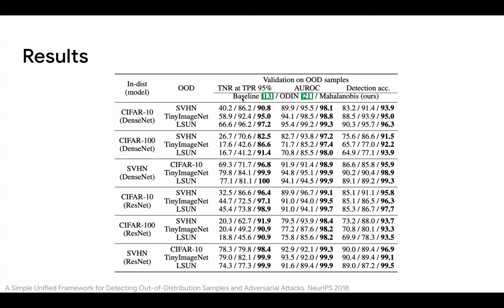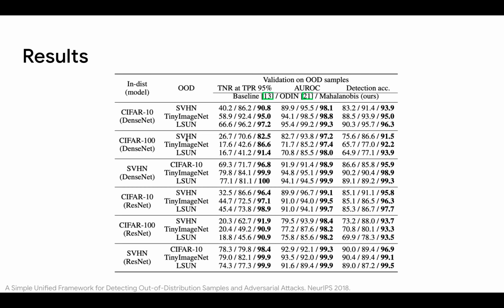Here they're comparing baseline, which is max probability, ODIN, which is another method that I'm not going to talk about in this lecture, and Mahalanobis theirs, in different situations when your in distribution is CIFAR, SVHN, and so on, and the OD distribution is different from the in distribution.